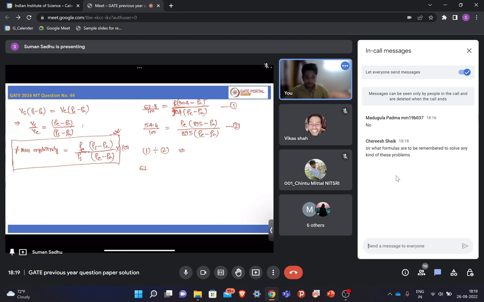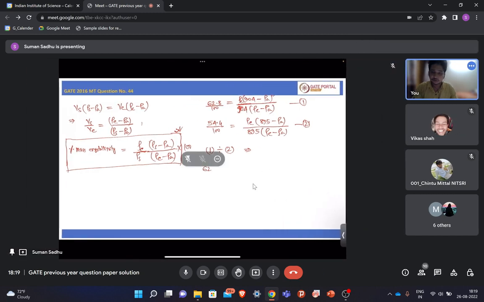I just derived this formula to show how this formula is actually coming. Otherwise, if I just write this formula directly, then it will be difficult to understand where it comes from and where I am using it, right? So you can use this formula directly, that is the percentage of mass crystallinity, to solve this question.